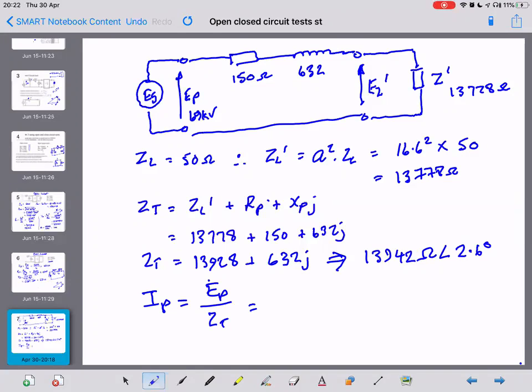That is 69,000 divided by 13942 angle 2.6, which equals 4.95 amps, angle minus 2.6 degrees.